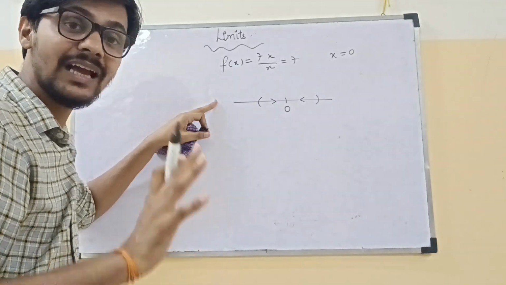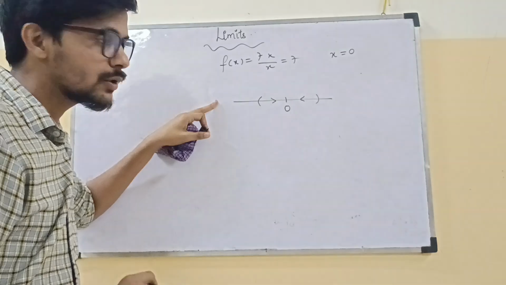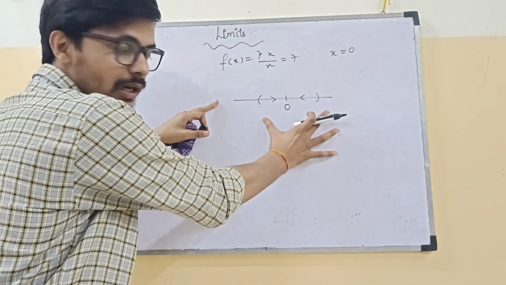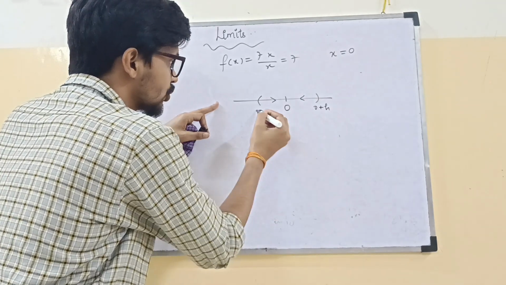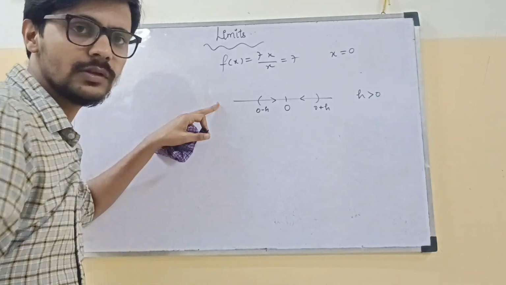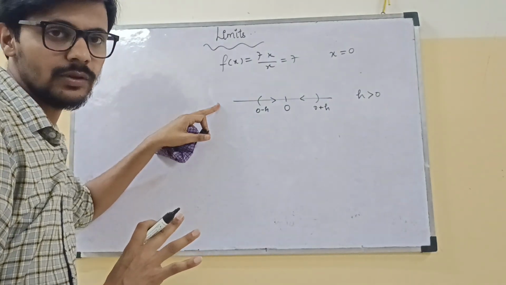For that we have a system that is called neighborhood, right? So neighborhood means you consider some open interval around this point, that is 0 plus h, 0 minus h, where h is any positive small value. Like this, you need to define a neighborhood.